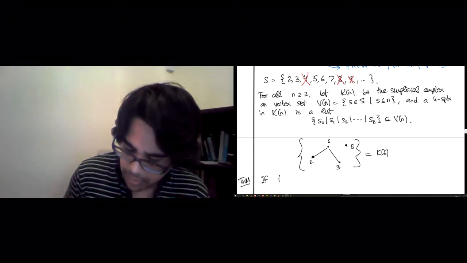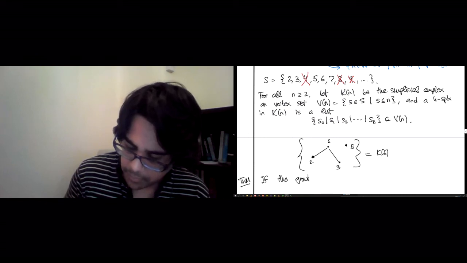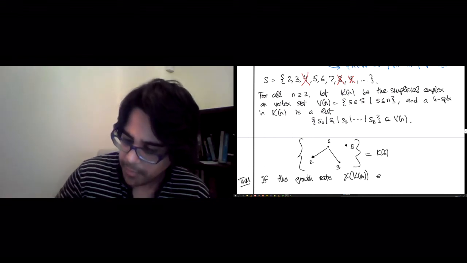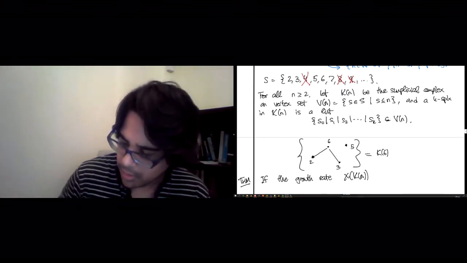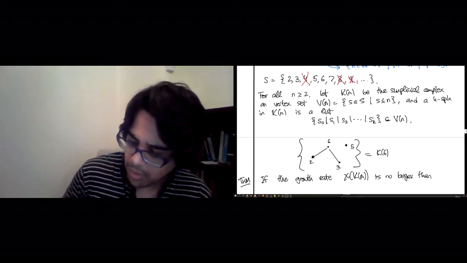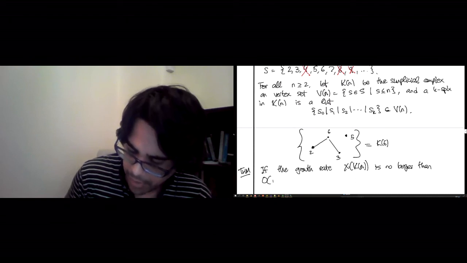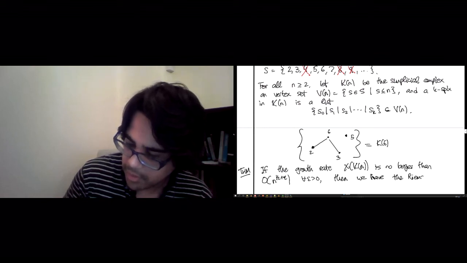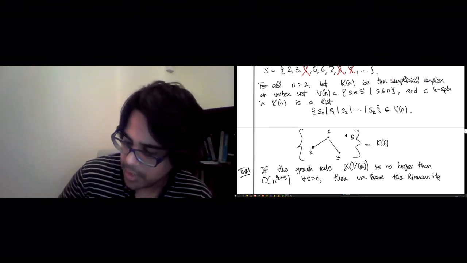Anyway, here's the main theorem of Björner's paper. If the growth rate of chi(K_n) as a function of n is no more than big O of n to the 1/2 plus epsilon for all epsilon bigger than 0, then we have the Riemann hypothesis, one of the most famous unsolved problems in mathematics.